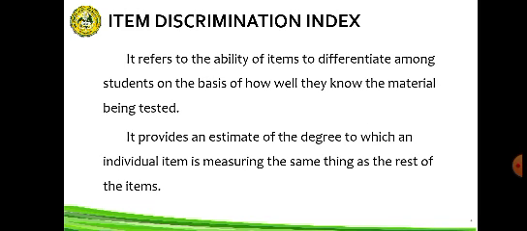So the item discrimination index actually refers to the ability of items to differentiate among students on the basis of how well they know the material being tested. It provides an estimate of the degree to which an individual item is measuring the same thing as the rest of the items.